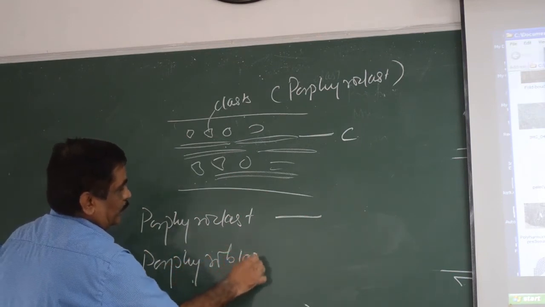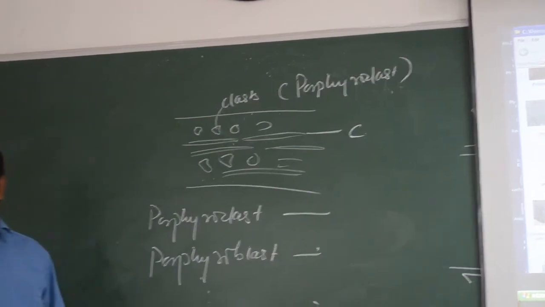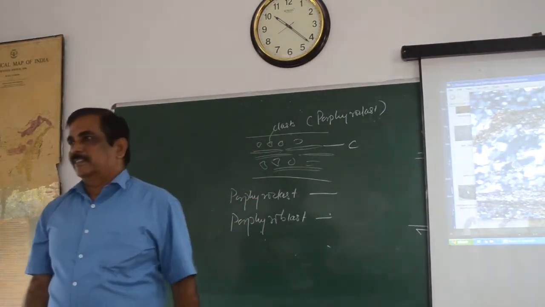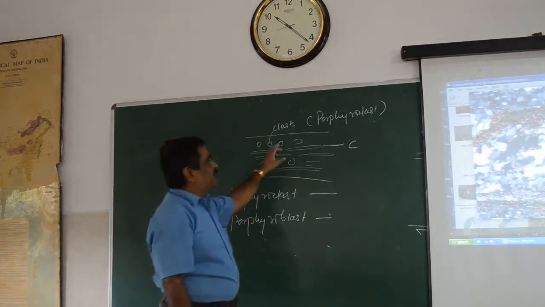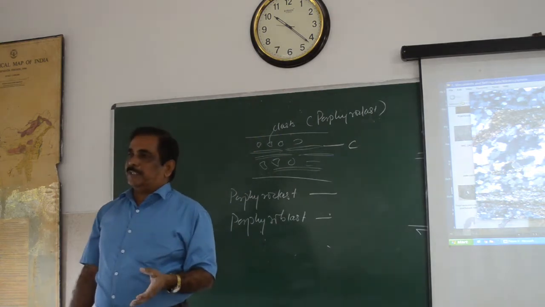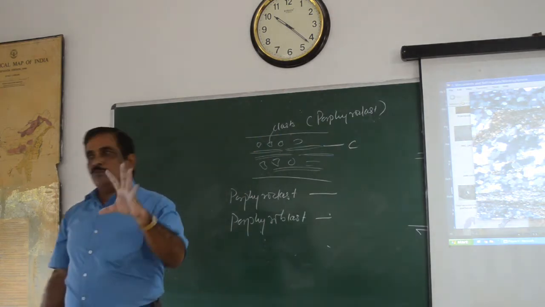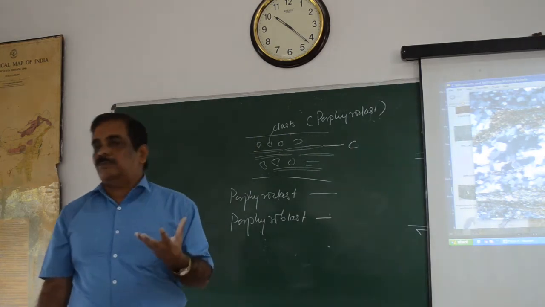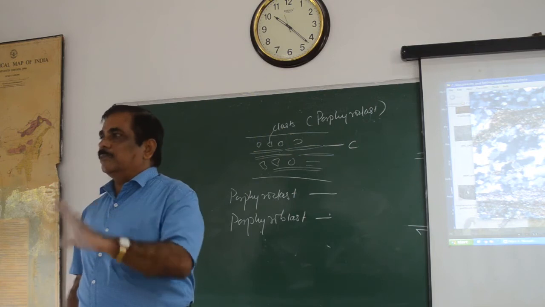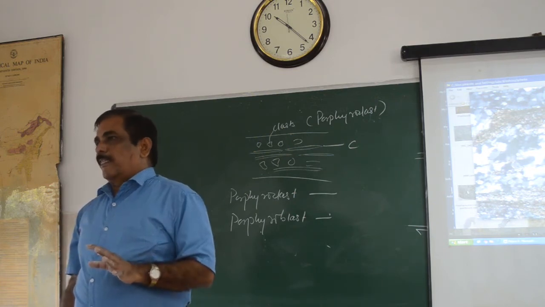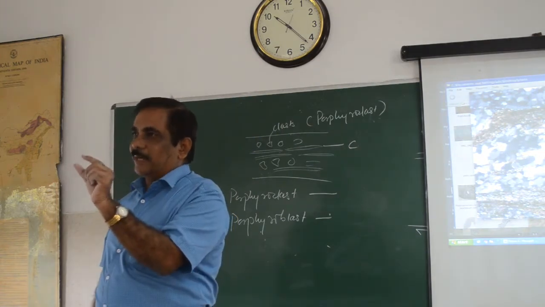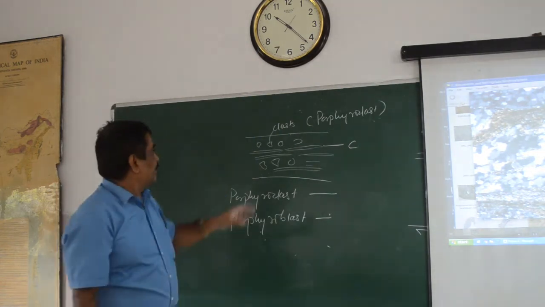Porphyroclast has to do with the shear zone. Remember, porphyroclasts are to do with the shear zone, but porphyroblast is in a metamorphic terrain. In a metamorphic terrain, when some minerals grow to a very large size, that is a porphyroblast. No shearing involved, no shear zone is there. But if a shear zone comes into the picture, bigger materials are known as porphyroclasts.